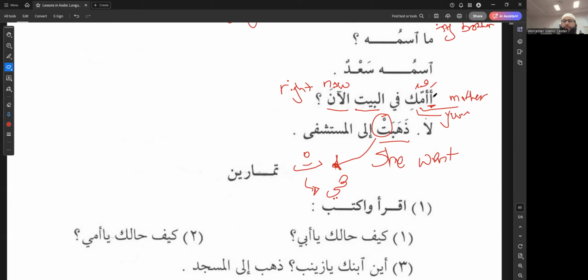Very good. The first alif here is called Hamzatul Istifham, the Hamza of questioning. So it turns the sentence into a question. The second alif is a part of the actual word. And then the kaf all the way at the end is a dhamir pronoun, meaning you, yours. So that first Hamza, alif, will mean is. Then you use a kaf for the dhamir, your, then the word in the middle, mother. Is your mother in the house now?